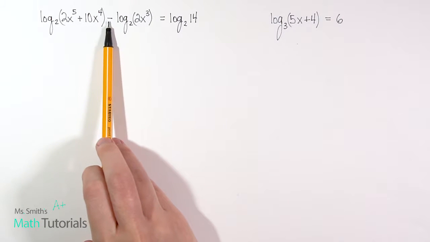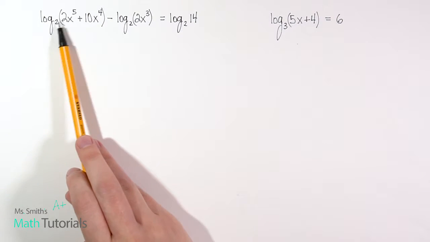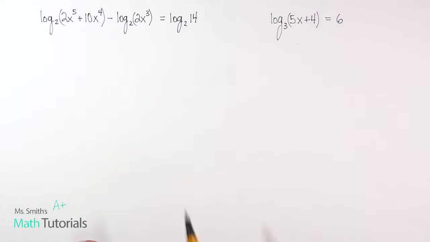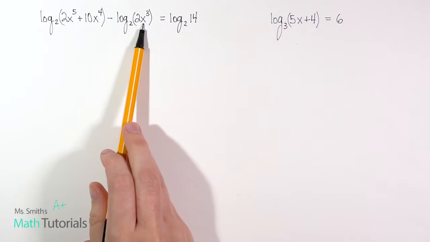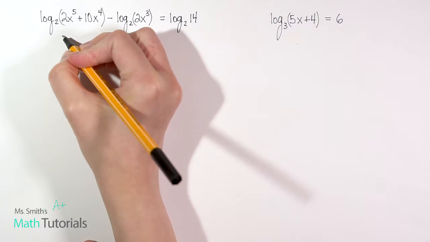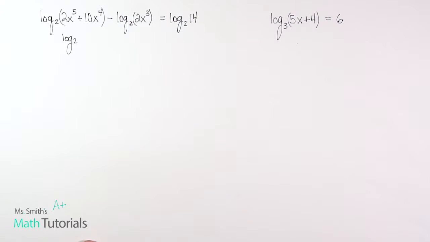Hopefully you remember from that video or the previous lesson or just your previous knowledge that anytime we are subtracting logs of the same base, that really means we're dividing this part and this part, okay? So we can condense this by rewriting it as log base 2. We're just writing it once.